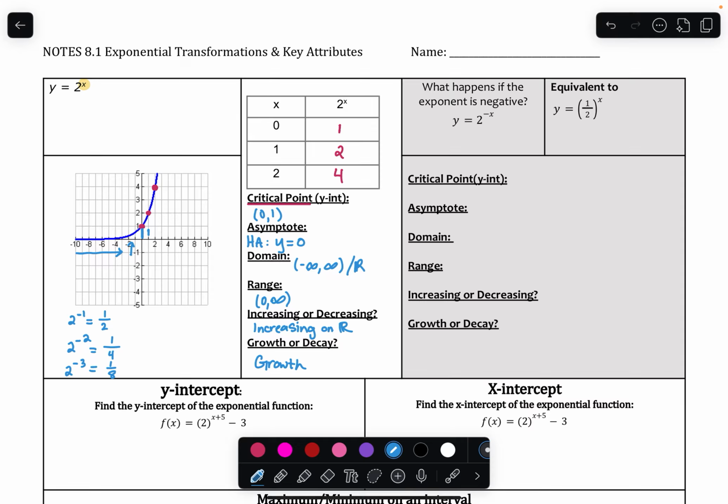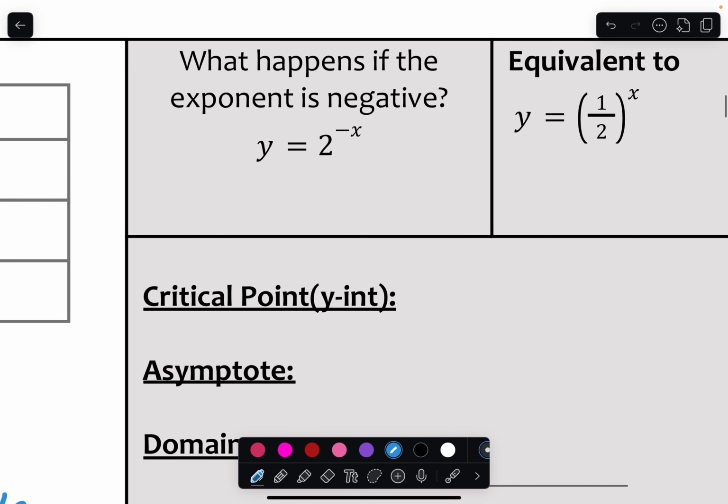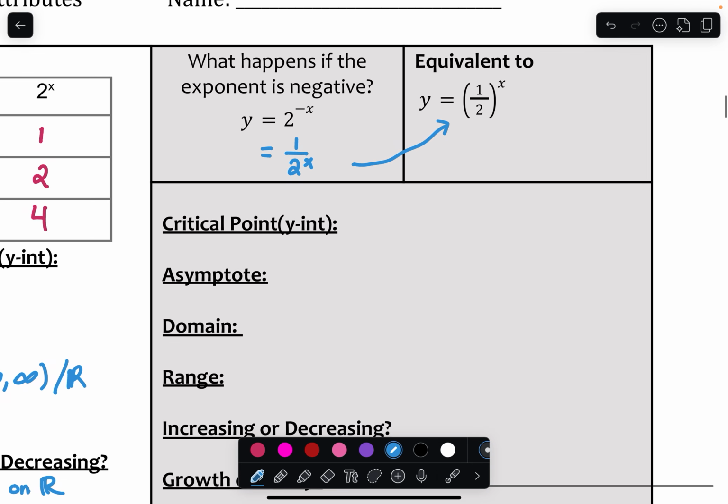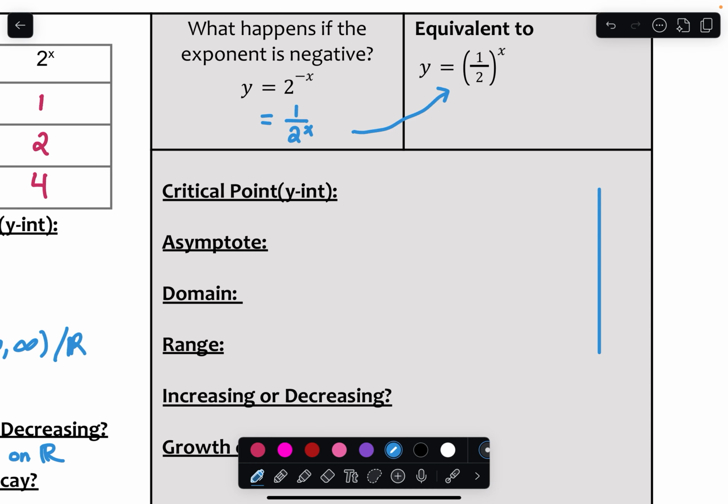Okay, well, what happens if you have a reflection over the y-axis or the exponent is negative? 2 to the negative x power, well, that's equivalent to 1 over 2 to the x, which can be written as (1/2) to the x power. If we were to sketch a graph of this over here, and make a little table, I'll go ahead and plug in a few points.